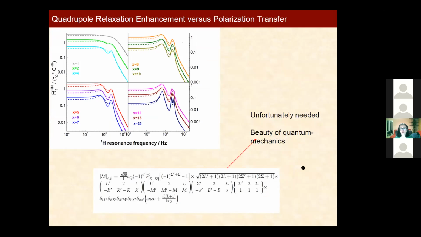I call it the beauty of quantum mechanics. I'll tell you why. You see, the solid lines stem from that equation. The dotted lines stem from this general approach. And you can see that they agree when there's almost no enhancement, which is okay.